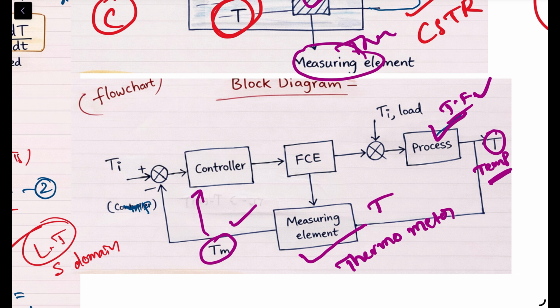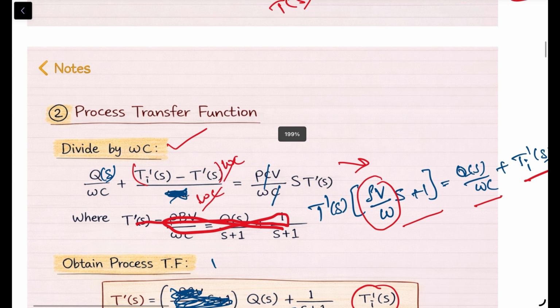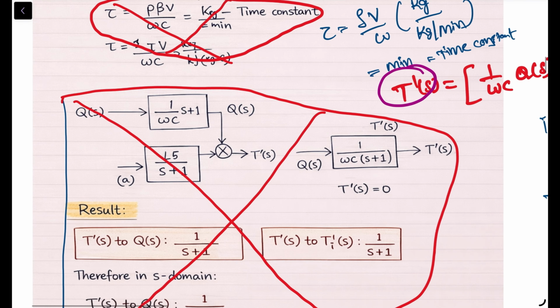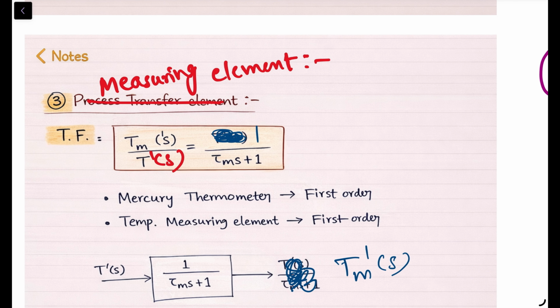Now we need to identify the transfer function. The transfer function for the measuring element is Tm of S by T of S. This represents the relationship between the measured temperature Tm and the actual process temperature T of S.